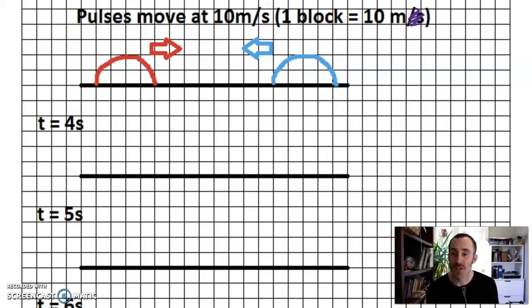Okay, so what I'm going to do is draw where each of them is going to be, and then after I've done that, draw the combination waveform. So at 4 seconds, this leading edge has moved 4 spaces. 1, 2, 3, 4. So it's going to start here, and it has a wavelength of, well, this isn't its actual wavelength.